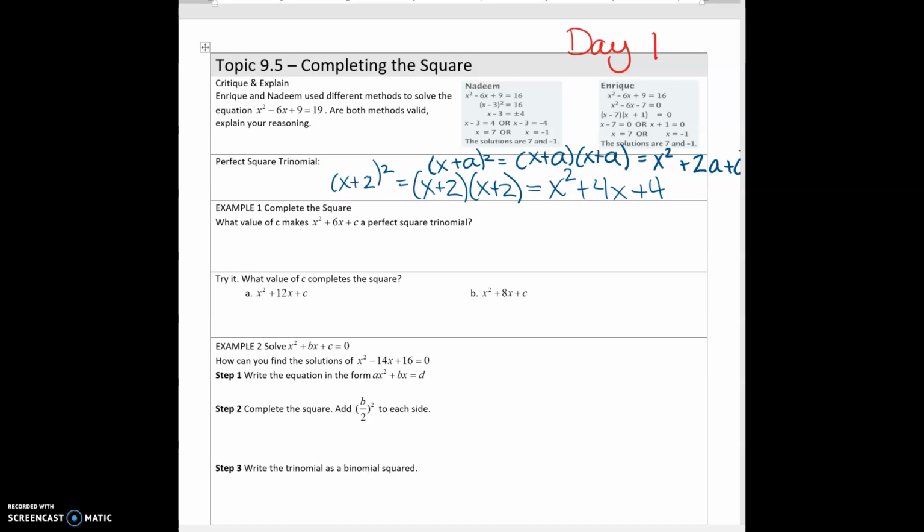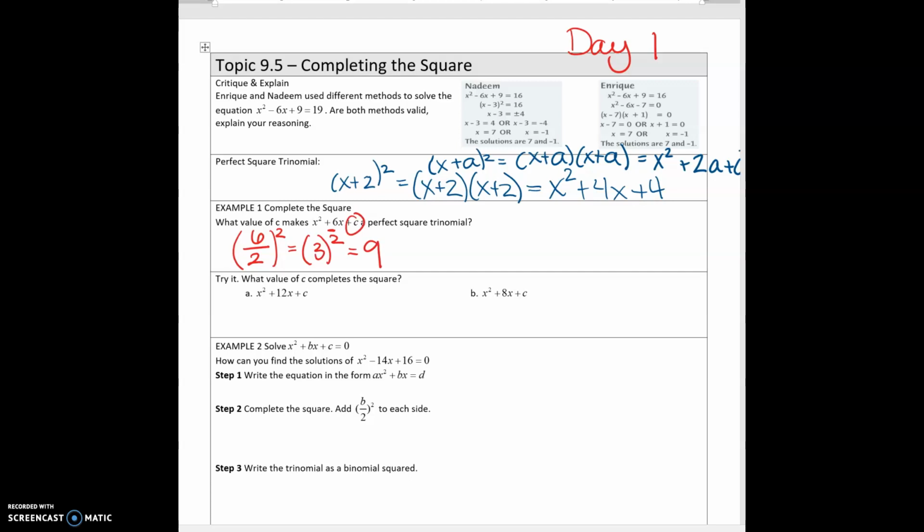A mathematical way to do it is just saying, well, if it's 2 times the a here, I can do this b value, taking 6 divided by 2, and then square it. So 6 divided by 2 is 3, and then squared would give you 9.